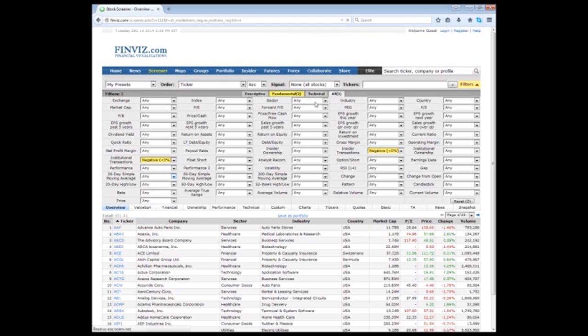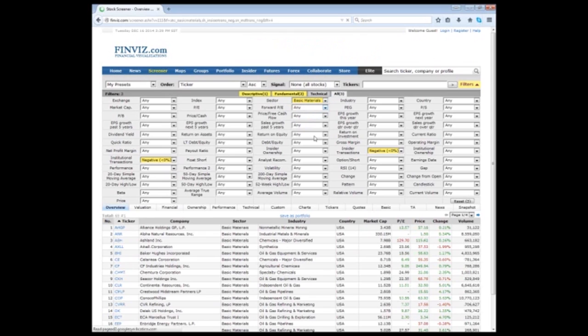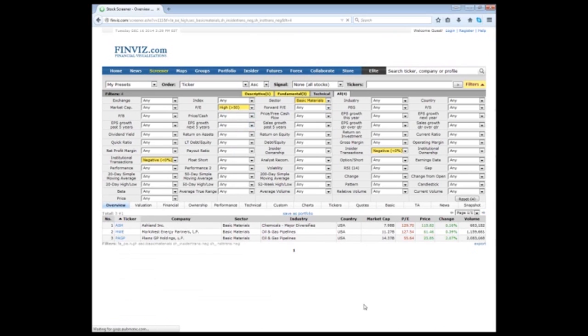Okay, let's say we felt that basic materials was a weak sector. So there we go, we've selected a sector, negative, negative, basic materials, and then we can go to price to earnings ratio, high, above 50. And you can see that basically then narrow the market down to only a few stocks that we can then break down based on a chart.